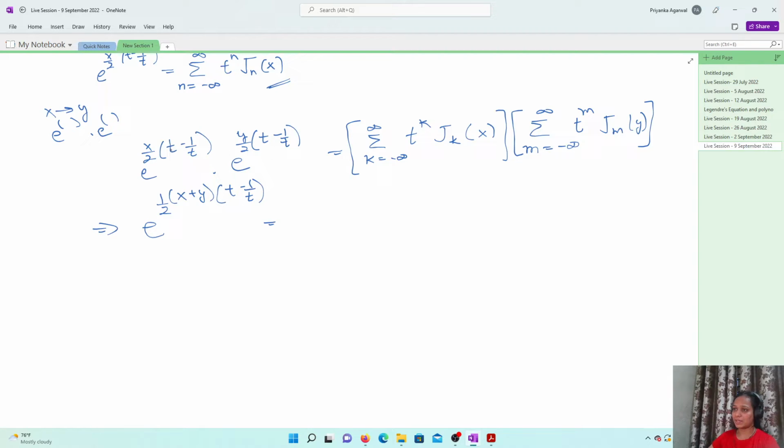We have just added the powers of e and written it. So now this becomes summation k equals minus infinity to infinity, and then summation n equals minus infinity to infinity. This can be written as J k of x into J m of y t to the power k plus n. Now let n equals k plus n.